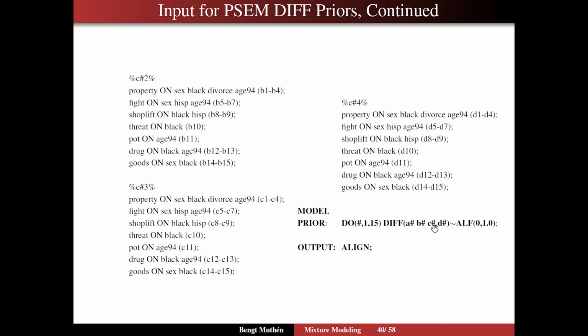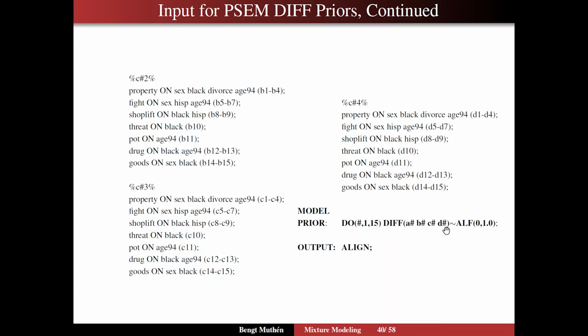We're letting the difference between these classes for these direct effects have an alpha prior with prior variance 1.0 in this case. So the way you read this, instead of this hashtag here, you put in the number 1 through 15. So first we take a difference prior for A1, B1, C1, D1.